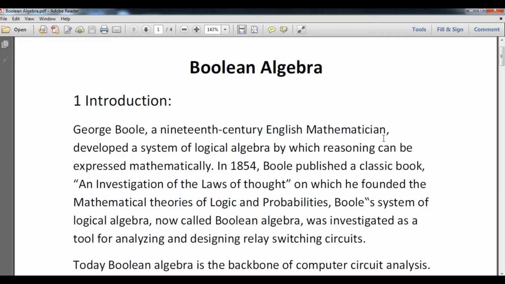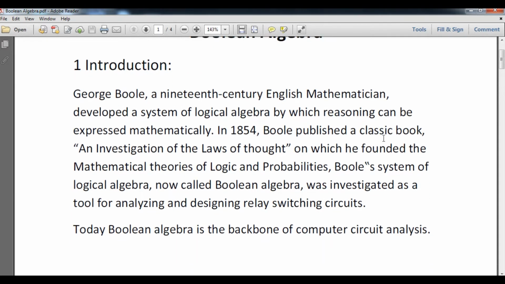So, Boolean algebra, we are going to introduce that. What is that? George Boole was a great mathematician who in 1854 developed a book, An Investigation of the Laws of Thought. In this book, he published a kind of logic that depends upon circuitry, and gave probabilities according to the number of input signals, in the form of AC or DC.